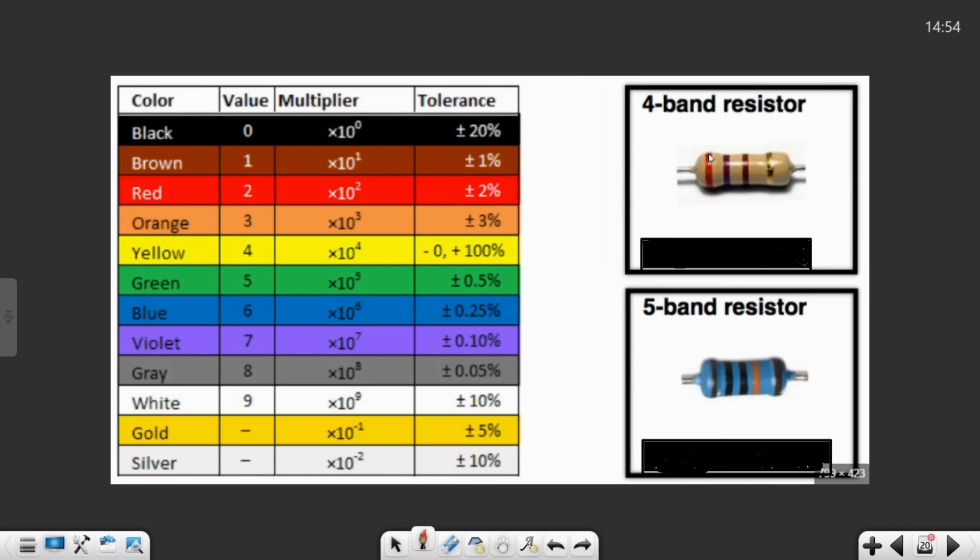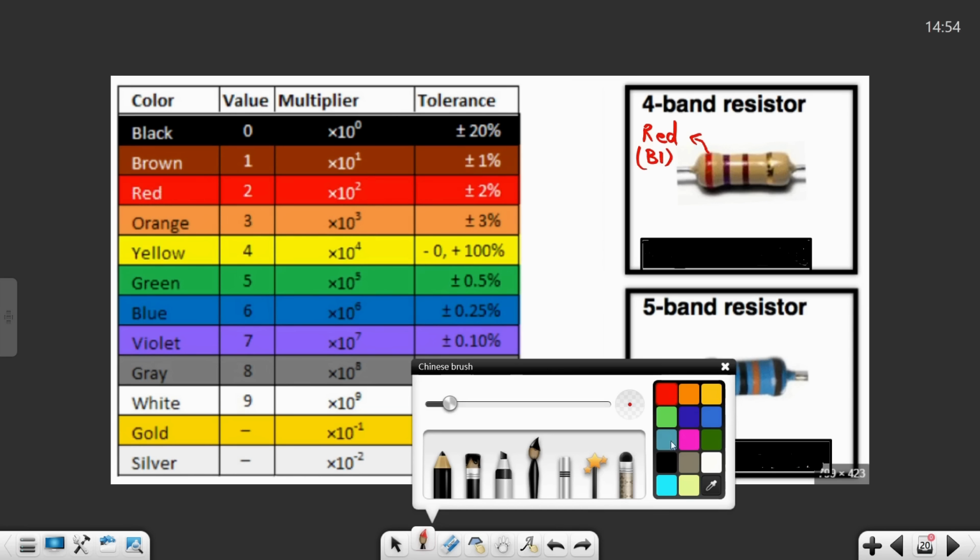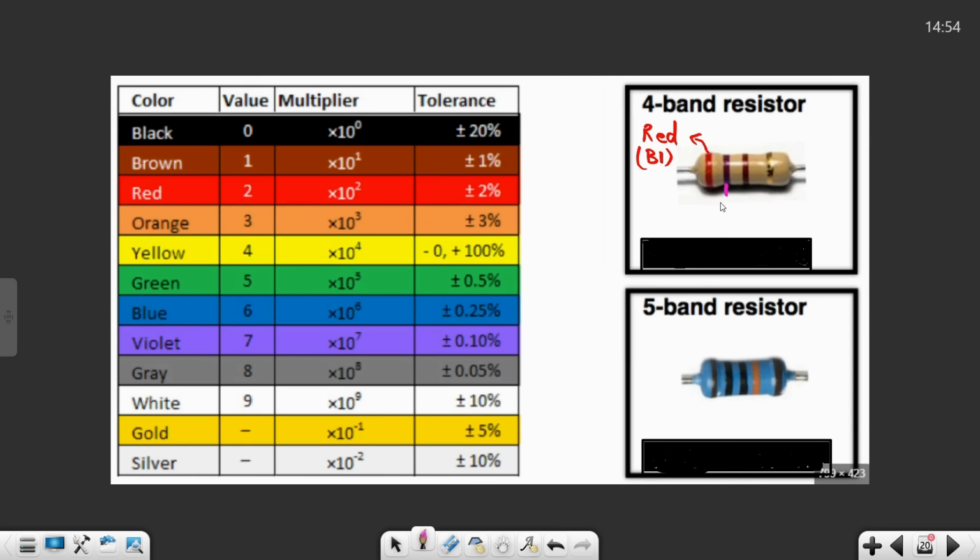This is the red color, and this is band 1. I'll write it as B1. The second color is kind of purple or violet. Since there isn't any purple color, the closest color is violet. So band 2 is the violet color. This is band 2, and this is violet.